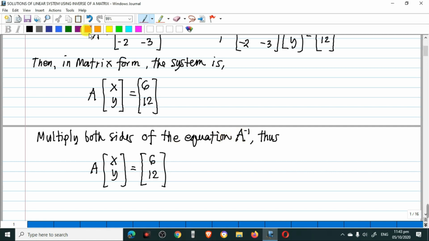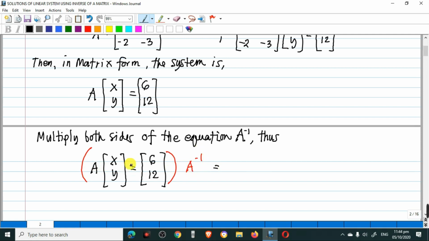So I will proceed with our solution. Multiply both sides of the equation by the inverse of a matrix, so we multiply this by A raised to negative 1.